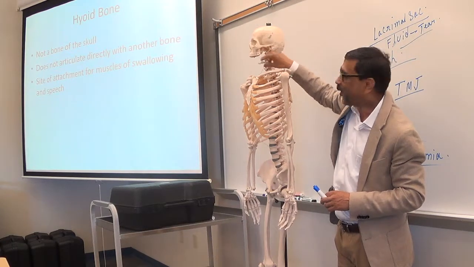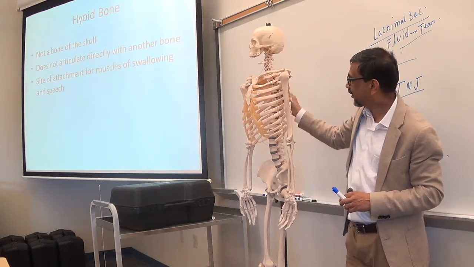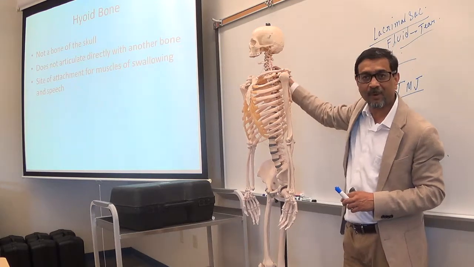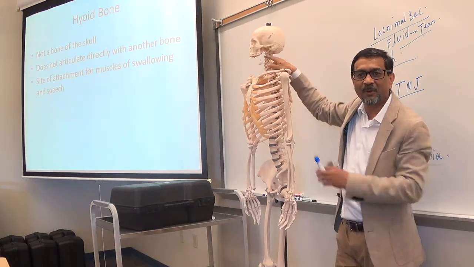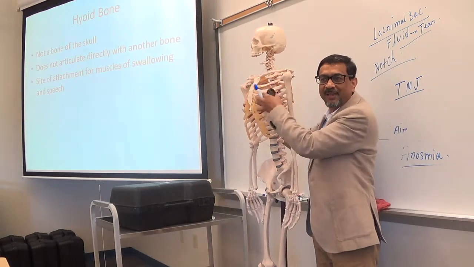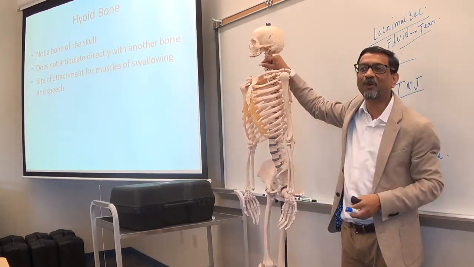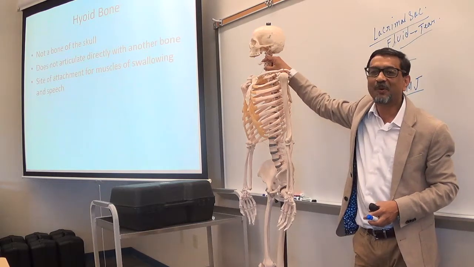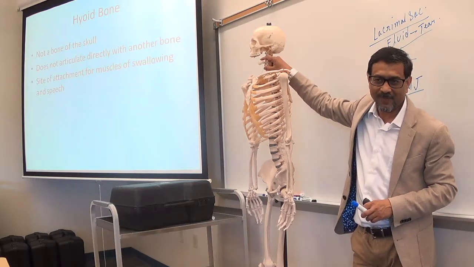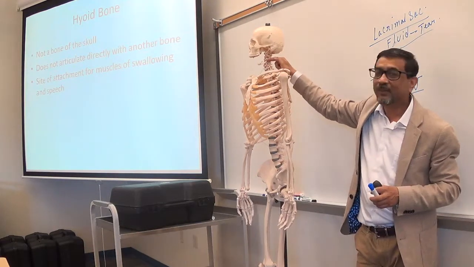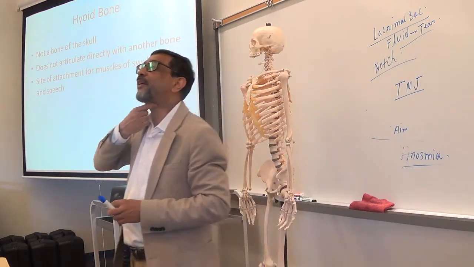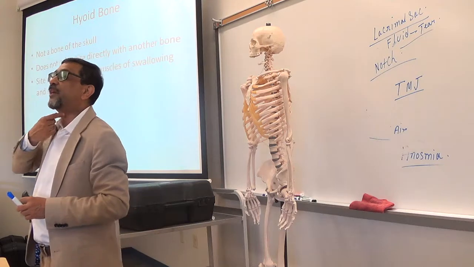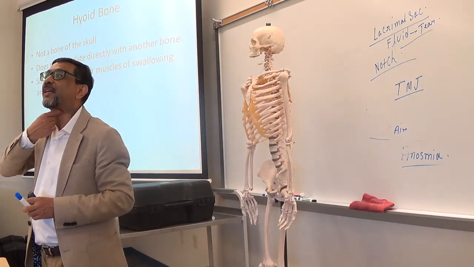We didn't. When we talk about the vertebral column, this is the vertebral column, you know that? We don't include him. When we talk about thoracic bones, we don't include him. So no group wants to include him. Number one. Number two, this bone here in the front of the neck, upper part of the neck here, is not attached to the bone directly.